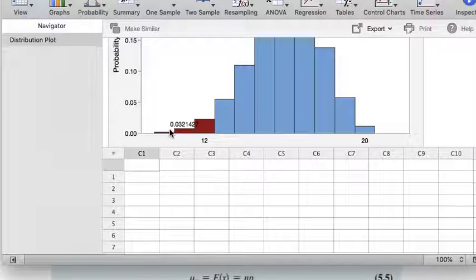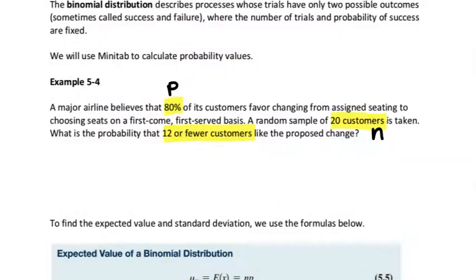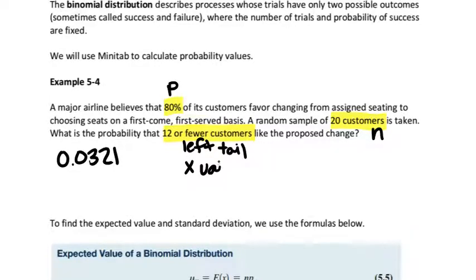Generally, the homework is going to ask you to round to 4 decimal places. So the answer I would enter, if this were a homework problem, is 0.0321. So 12 or fewer means that it is left tail, and x value equals 12.